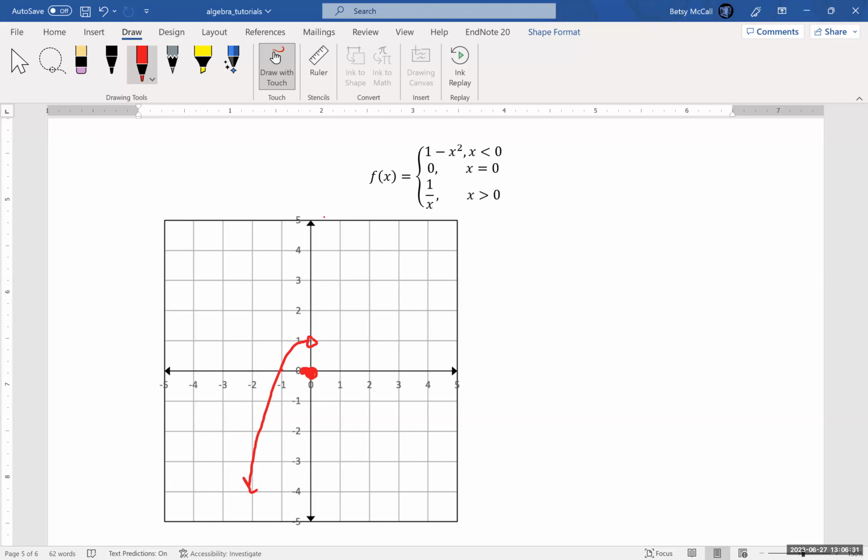I mean, there's an asymptote when x is 0, right? But if I plug in a bunch of points, I can't plug in 0 because it's an asymptote. But I can plug in several other points. When x is 1, I'm here. When x is 2, I'm here.